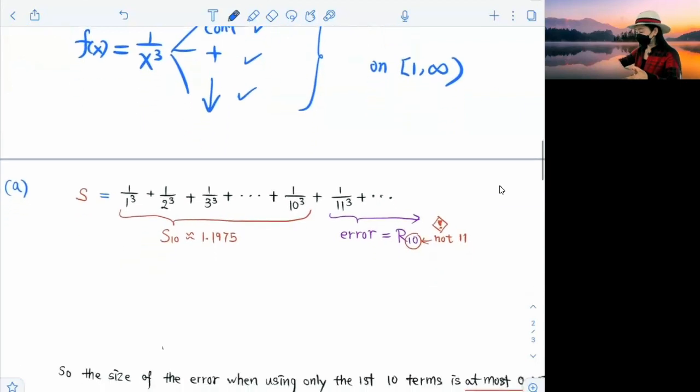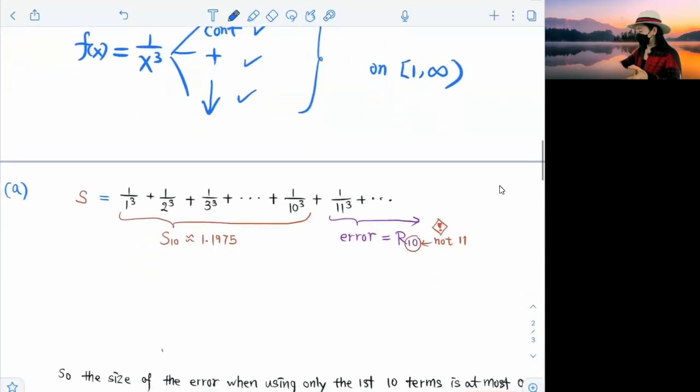And what does the remainder estimate for the integral test say? R of 10 is bounded below by what? Bounded above by what? Okay, let's see. Oh, okay. The other way.